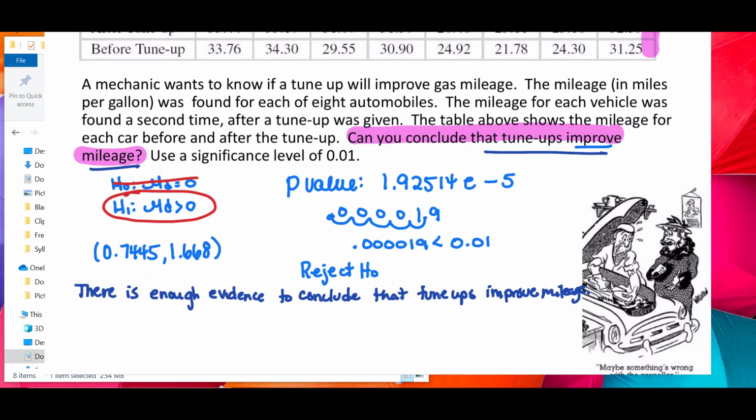You could also say there's enough evidence to conclude that the mean difference in gas mileage is greater after tune-ups.